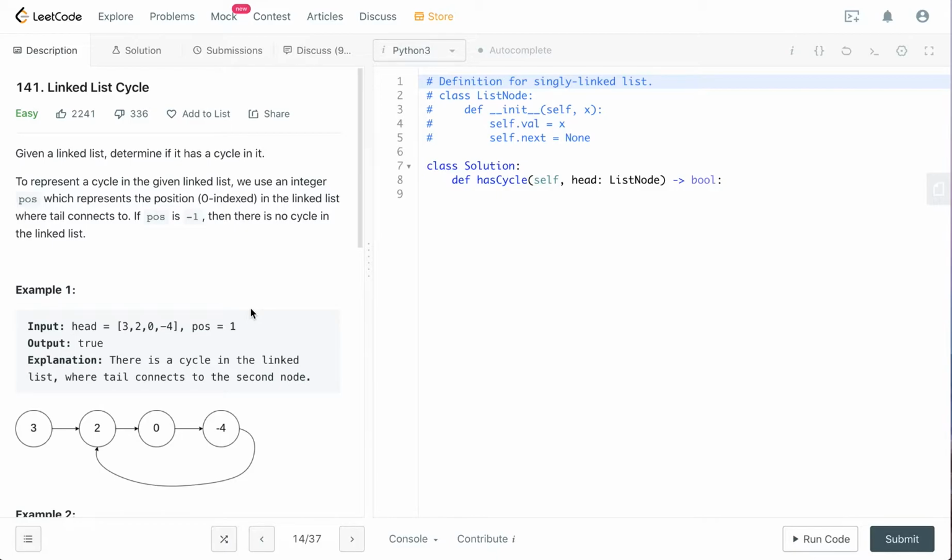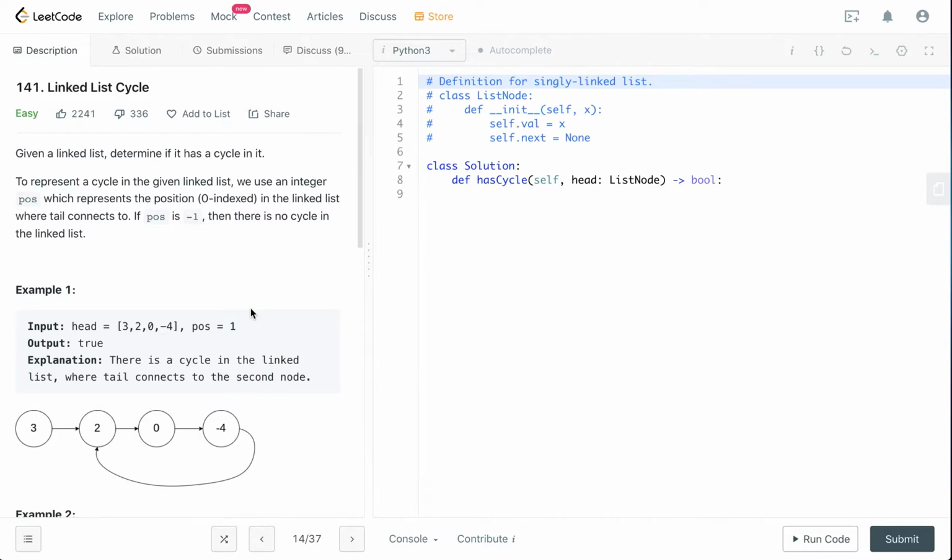Well, to solve this problem, the algorithm for the solution is using what's known as the slow pointer and fast pointer. So basically, if there is a linked list and there's a cycle in it, and there is a slow pointer which moves one step at a time, and a fast pointer which moves 2 steps at a time, if there is a cycle, they will eventually meet.